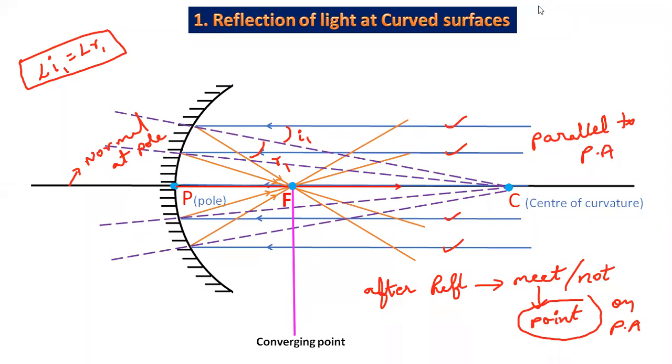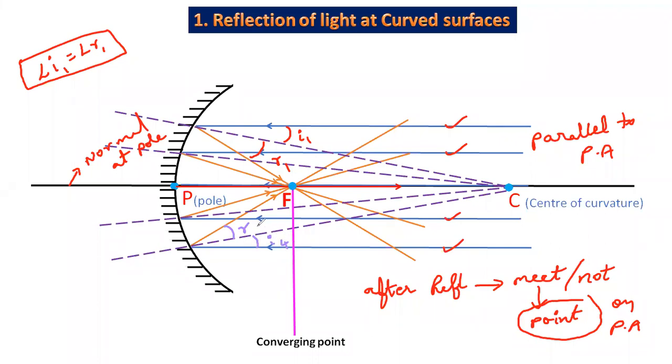You can use the protractor to measure the angle of incidence at any point and measure the same angle with the protractor on the other side of the normal. Look, the angle of incidence and angle of reflection are always on opposite sides of the normal. Here look at the angle of reflection. This is the angle of incidence.